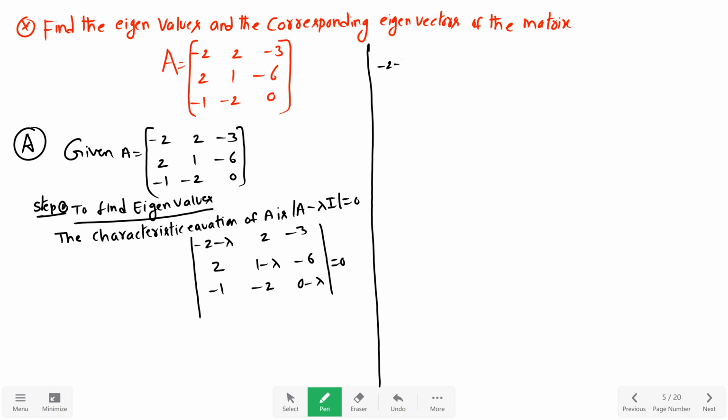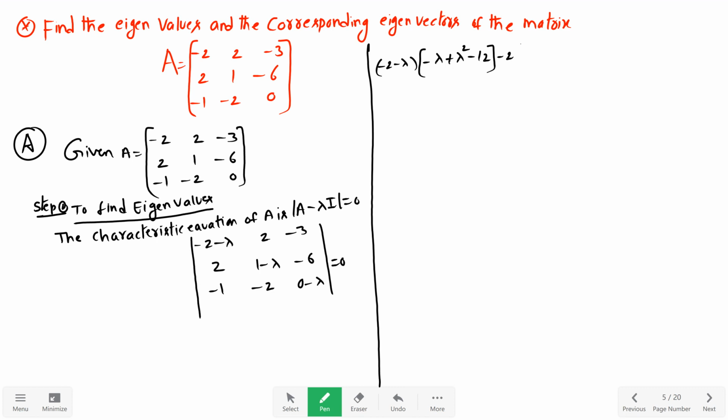So minus 2 minus lambda into the first column: 1 minus lambda into minus lambda, minus lambda plus lambda square, then minus 12.